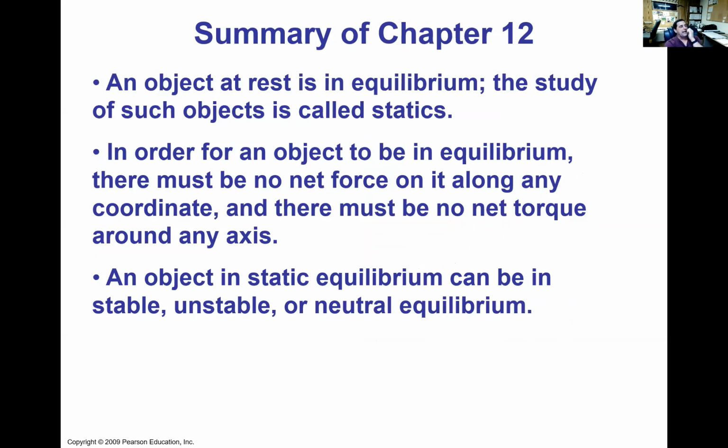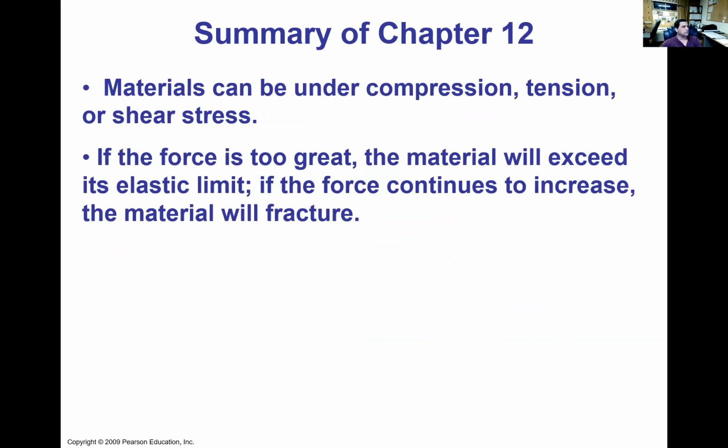So for an object at rest, it is said to be in equilibrium. The study of such objects is called statics. In order for an object to be in equilibrium, there must be no net force acting on it. There must also be no net torque about any axis. An object in static equilibrium can be stable, unstable, or neutral.